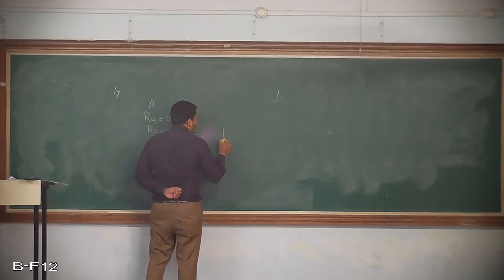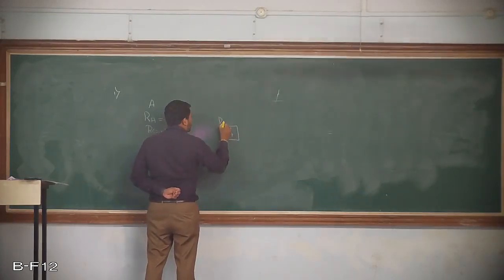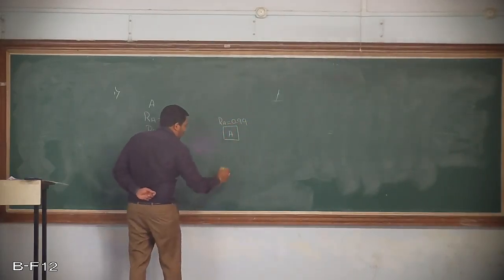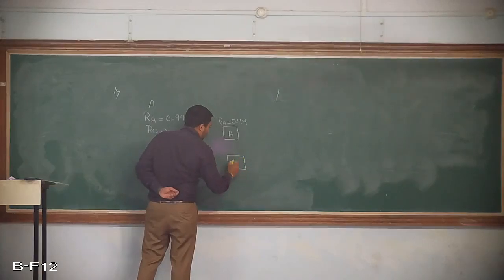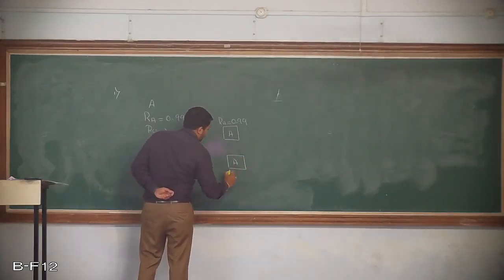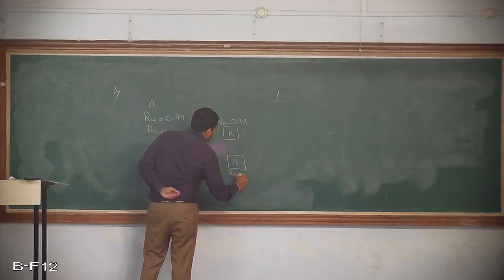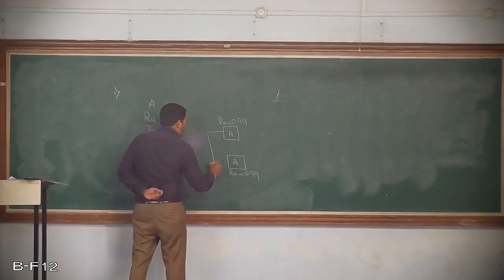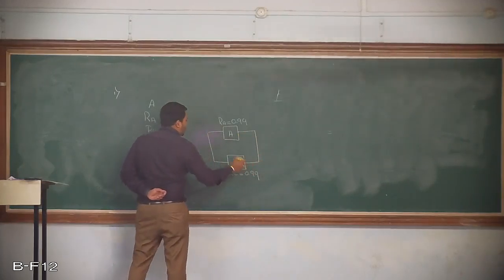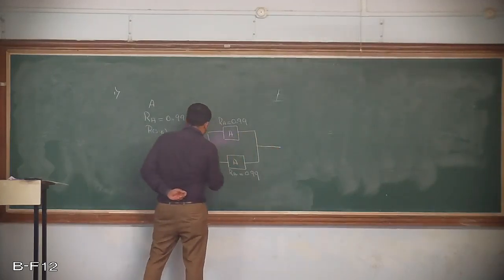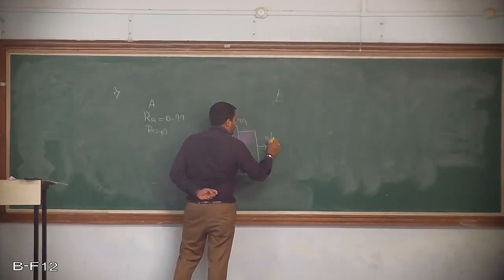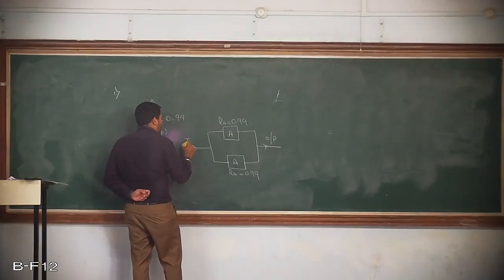So you can analyze this as there is a part A, and the reliability of part A is 0.99, and it is used as redundancy, that means duplication. Again the reliability is 0.99, and duplication means it is performing the same function as the other. If one fails, this component will perform the function of the other part.